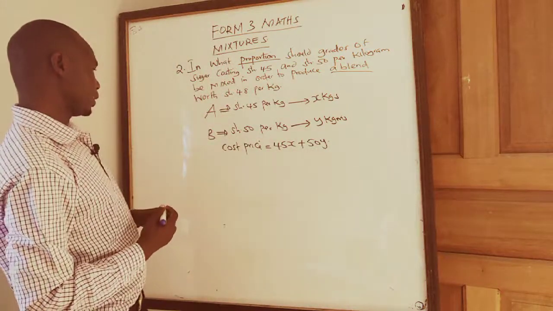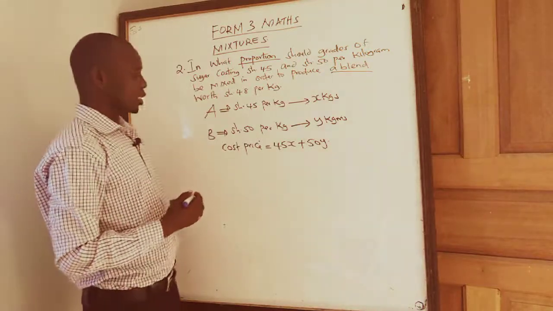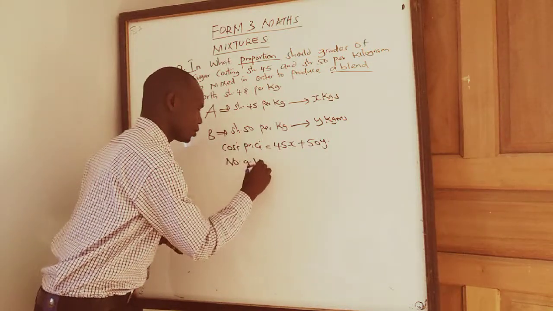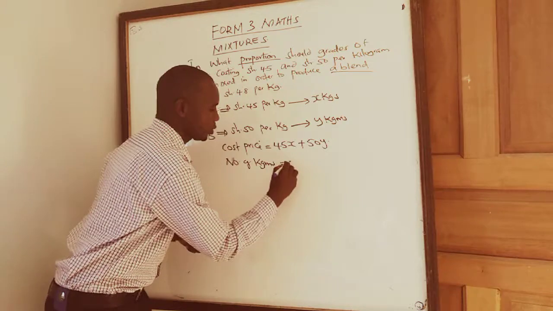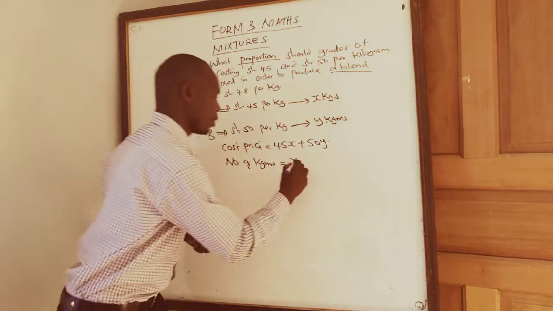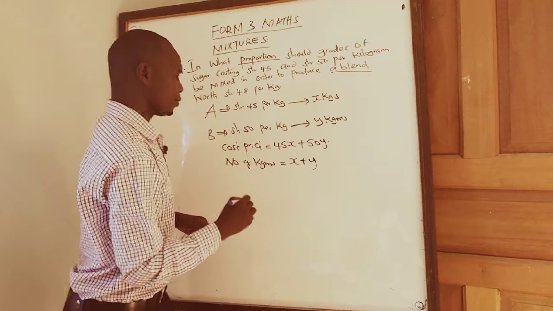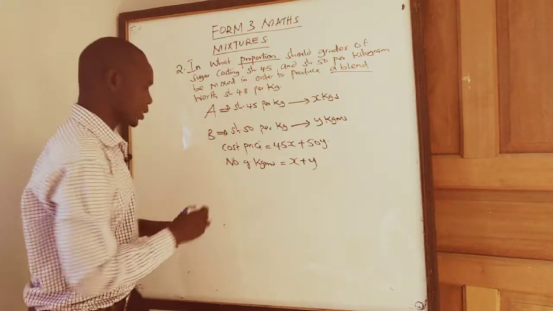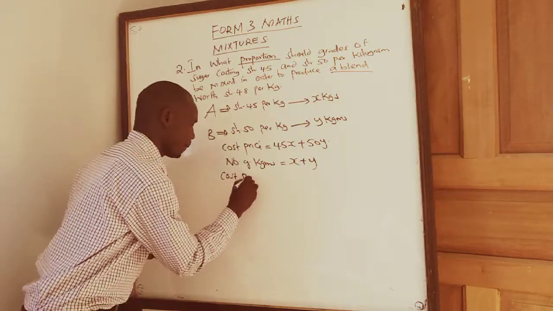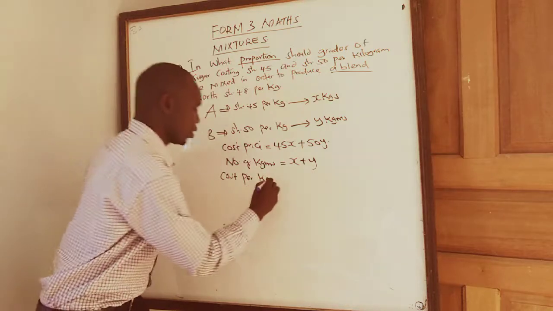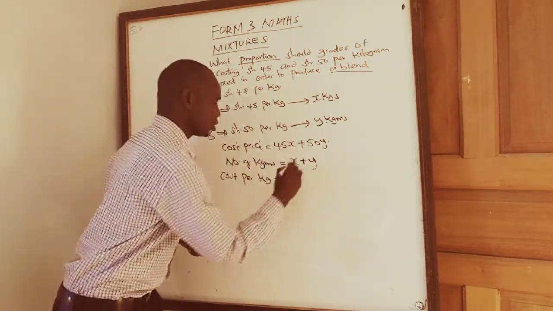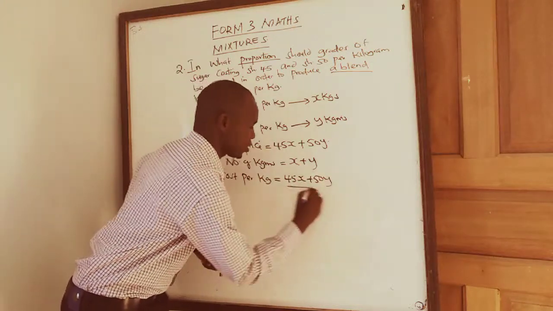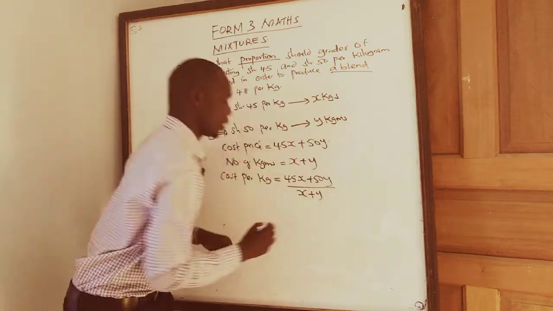Then the number of kilograms bought will be equal to X kilograms of A plus Y kilograms of B. For us to find the cost per kg of the mixture, we take the total cost, which is 45X plus 50Y, divided by X kilograms plus Y kilograms.